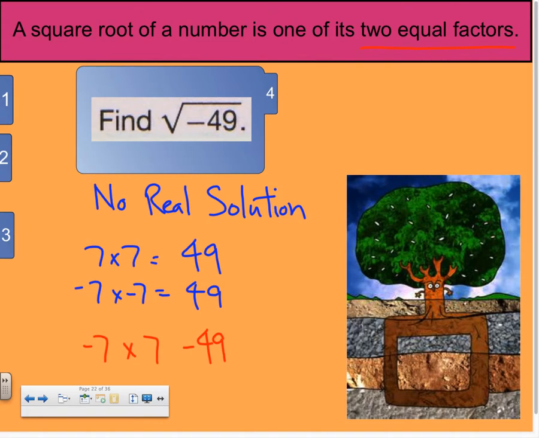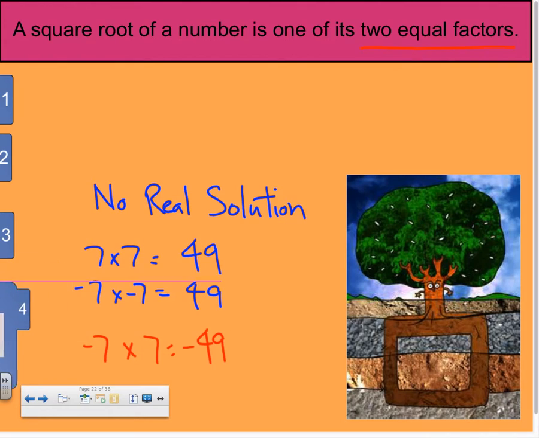And if you notice, negative 7 and positive 7 are not the same factors. There is no way that I can multiply something by itself and come up with a negative answer. So anything with the negative sign under the radical, remember we're just talking square roots here, is no real solution.